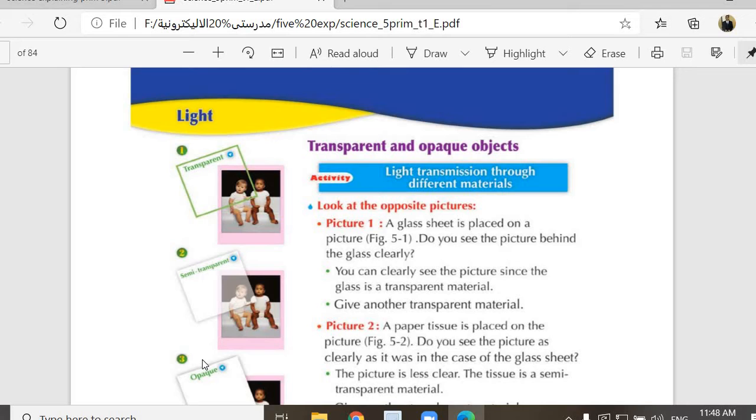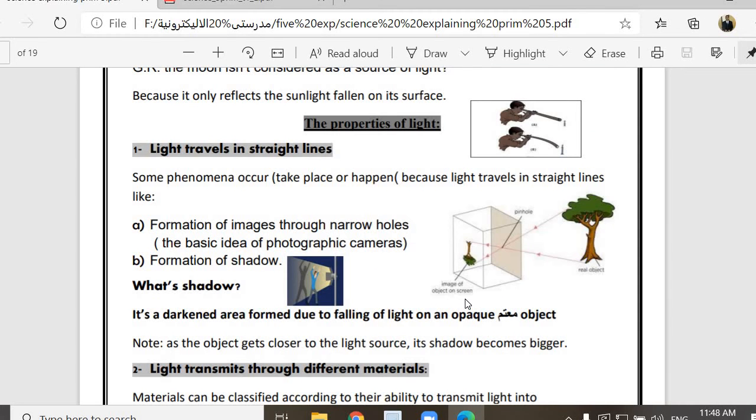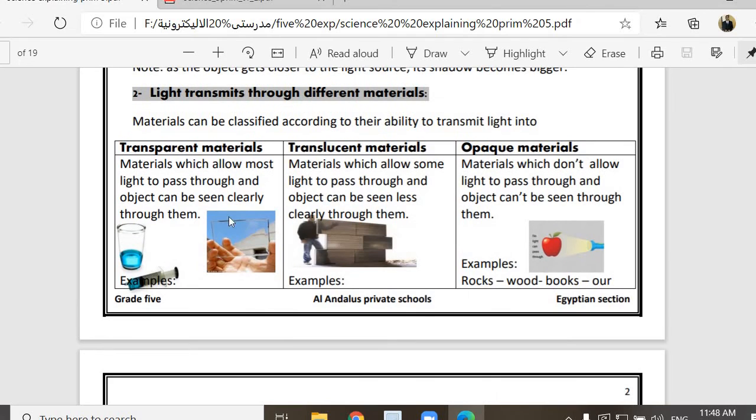I'd just like you to see with me another experiment to explain this for you. As you see here, we have three types of materials: transparent materials, translucent materials, which are semi-transparent, and opaque materials.